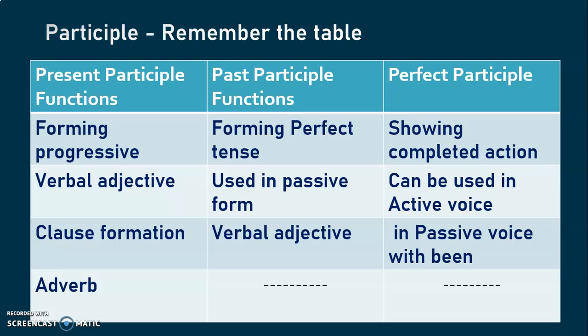So 4 functions are there for present participle, 3 functions for past participle, and the perfect participle we have seen 2 types, but I have mentioned here 3 points. First one, both of them are used for showing completed action. In one form it is used in active voice and the other form is used in passive voice. Hope you understood the participles, its types and its functions very well.